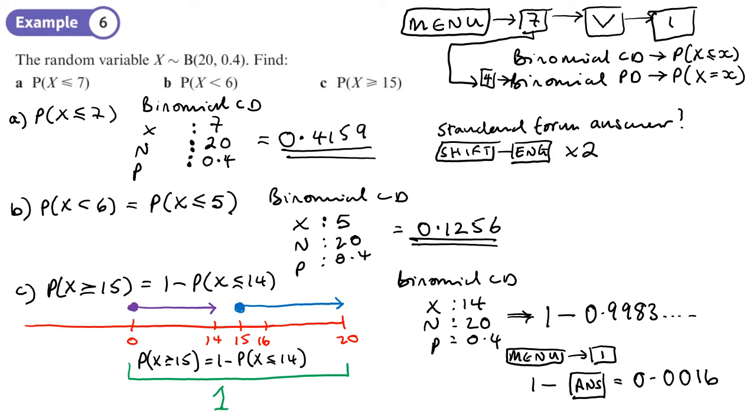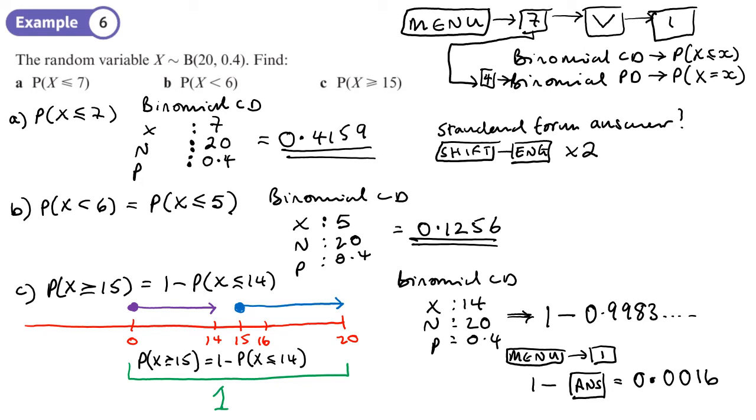So I got an answer which was in standard form. I got 1.61152 times 10 to the -3. That's not particularly useful in terms of rounding it to 4 decimal places, and I don't want to spend precious time converting that standard form number to a decimal, so I get the calculator to do it.